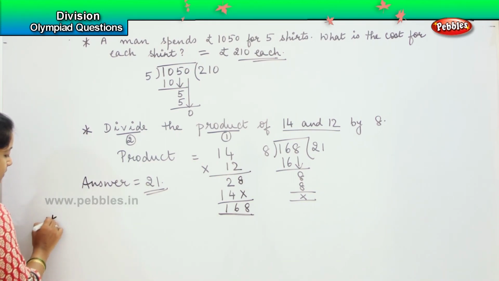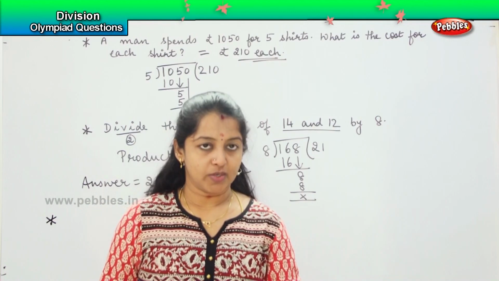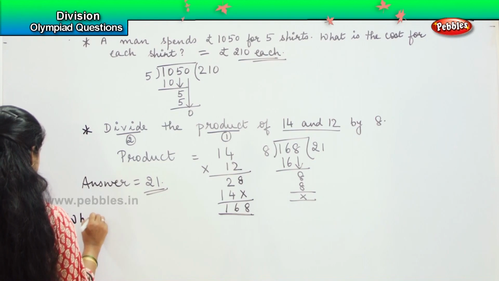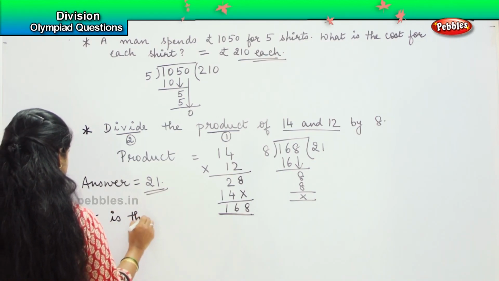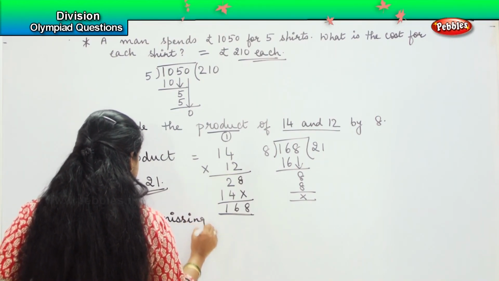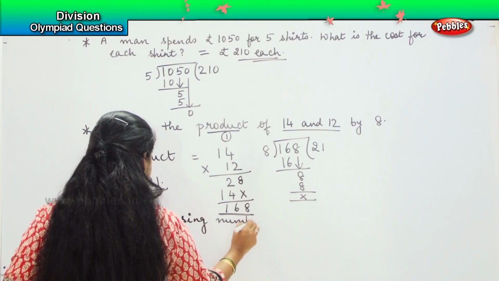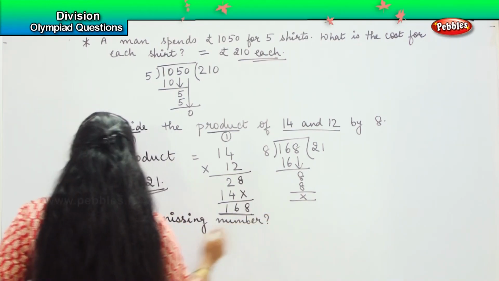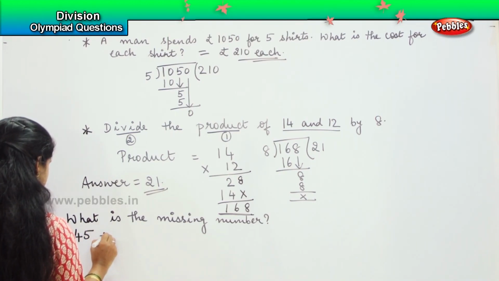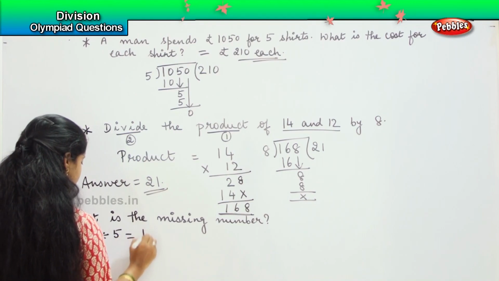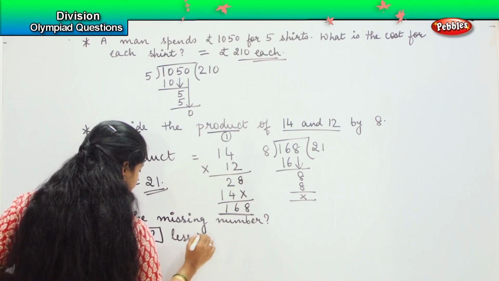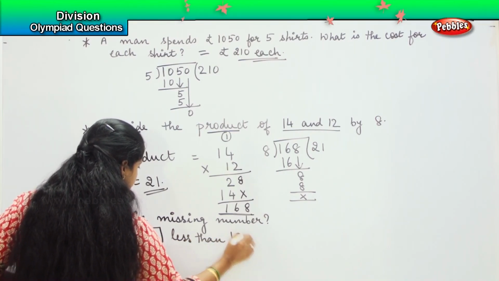Okay. So here is my next question. My next question says, what is the missing number? My question is 45 divided by 5 is equal to something less than 10.